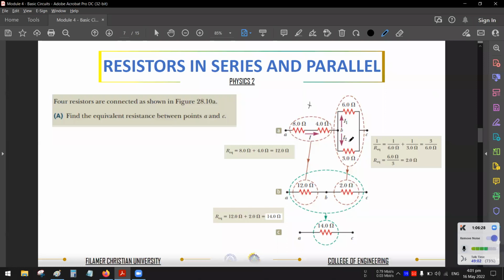Kukunin mo yung voltage across that resistor. Diba? So you can simplify. Yung gagawin mo is simplify the complex circuit using this series and parallel connections. I-simplify mo siya, and then you can just proceed with your calculations.